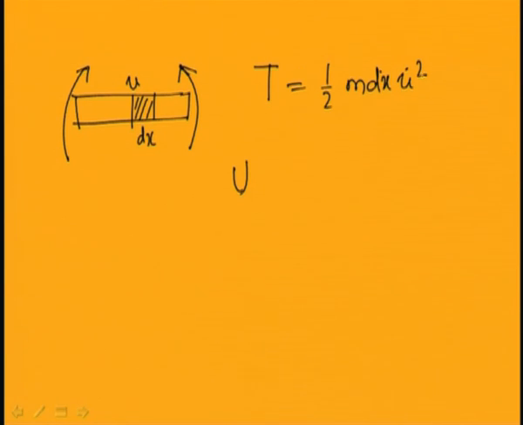So, the kinetic energy of that small element equals half m dx u dot square. The kinetic energy for the whole beam will be the integral of this from 0 to L. So, I can write T equal to half, taken out, integral 0 to L of m u dot square dx.